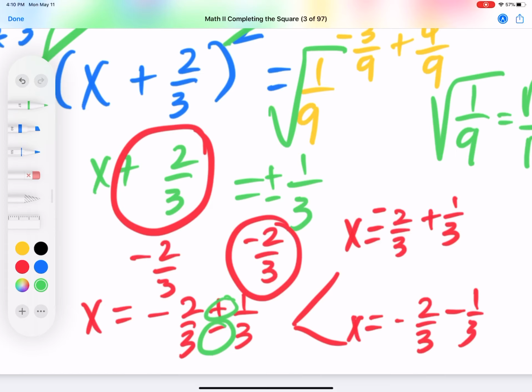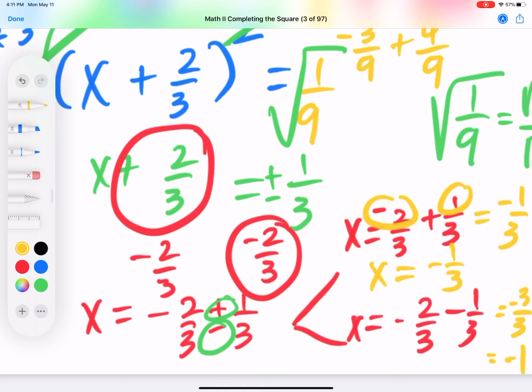So for my first solution, -2 plus 1, so just the numerators, that's going to give me -1/3. The denominator stays the same. And then for the bottom one, I'm going to have -3 over 3, which just ends up being -1. Okay, so my first solution is x equals -1/3, and my second solution is x equals -1.